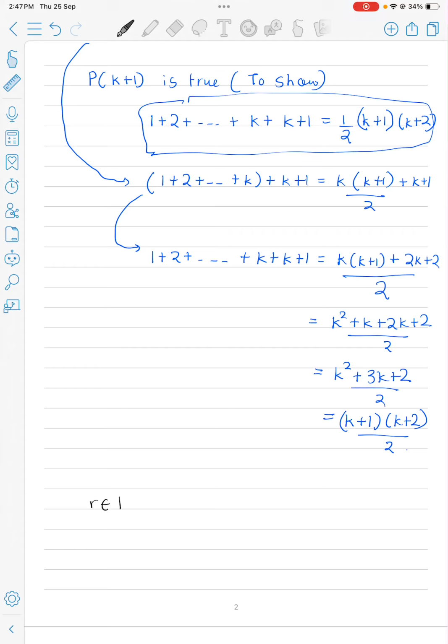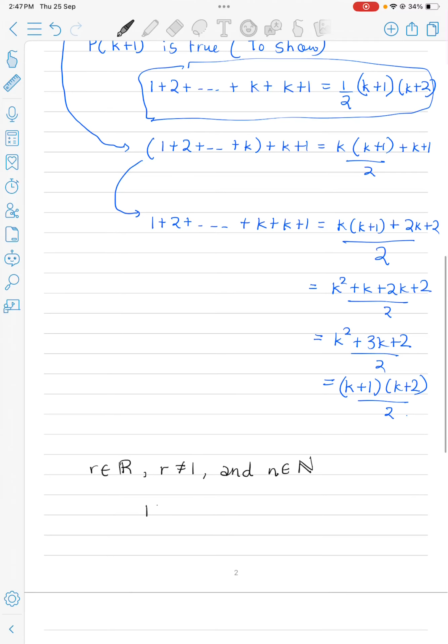Let r be a real number, and r is not equal to 1, and n belongs to the natural numbers. Then 1 plus r plus r square till r to the n is equal to 1 minus r to the n plus 1 by 1 minus r.